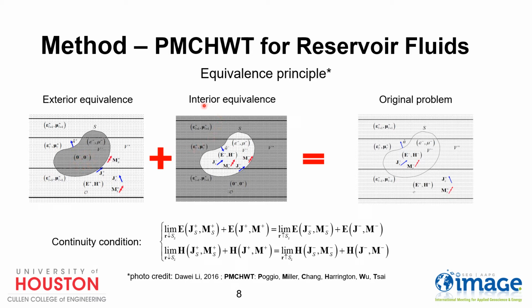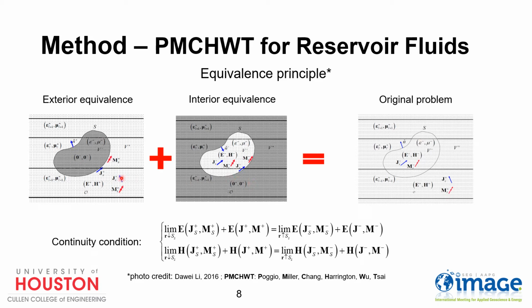Similarly, we can use interior equivalence to introduce equivalent current on the interior boundary of this domain, and together with the impressed current inside this domain, they produce the identical E and H fields to the original problem. However, outside this domain, the E and H fields are 0.